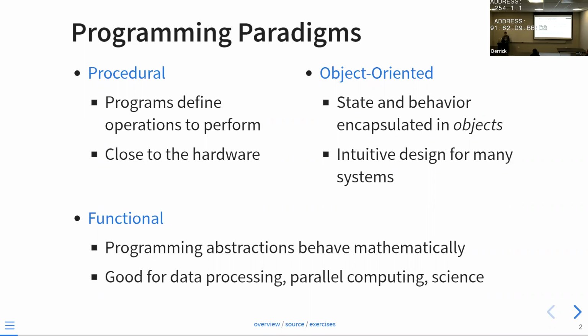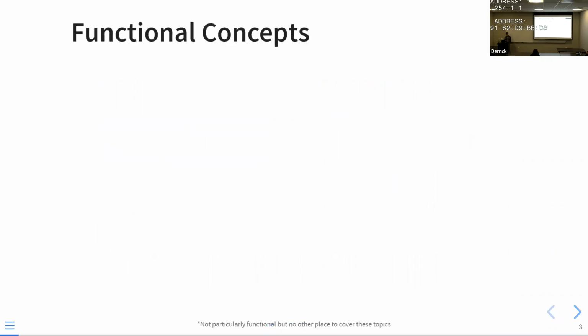I think this paradigm is really good for data processing, parallel computing, and science in general, where we're working closely with some kind of equations, or we can model what we're doing as a processing pipeline, or functional composition. So none of these three is better than the others. They have different strengths and weaknesses, and realizing which one to use and when is just a skill that you develop as you practice more as programmers.